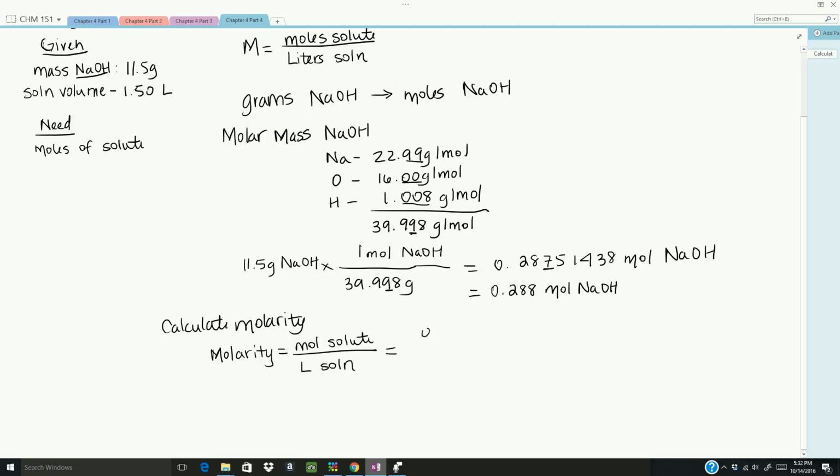Our moles of solute is 0.288 moles of sodium hydroxide, and we have 1.50 liters of solution. Now we just divide, and our answer is 0.192 molar sodium hydroxide, and it's an aqueous solution. Okay, so that is how you would calculate molarity.